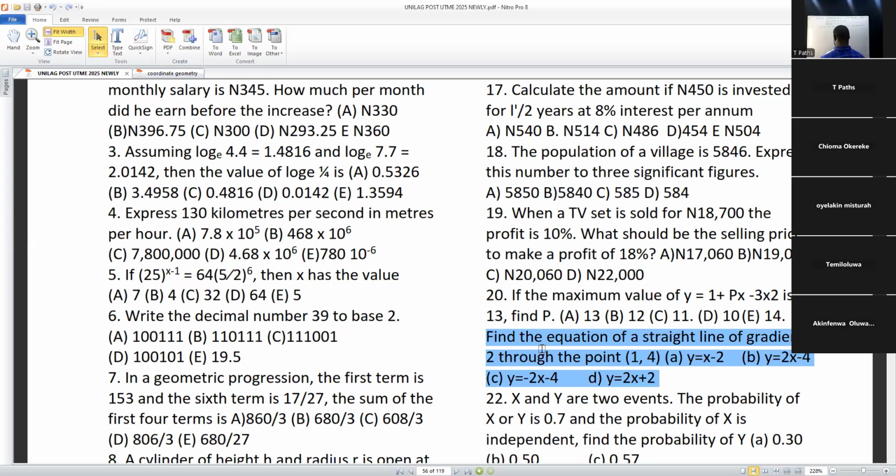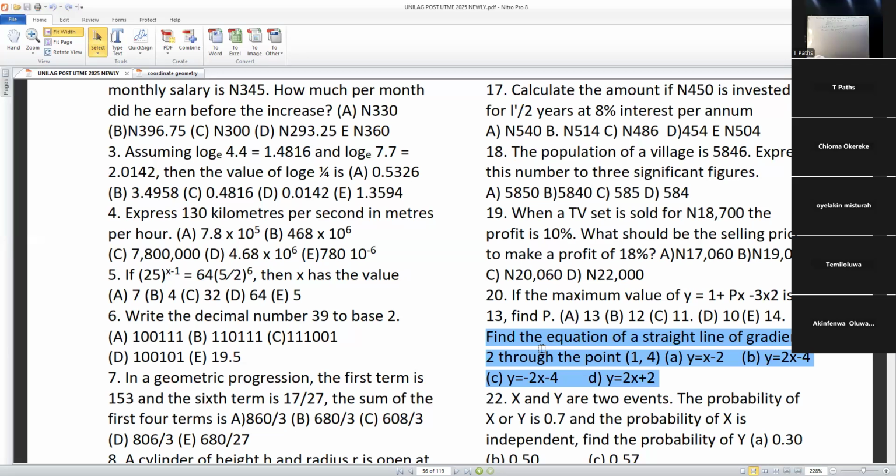Gradient, same thing as slope. Through the points 1, 4. Solution.